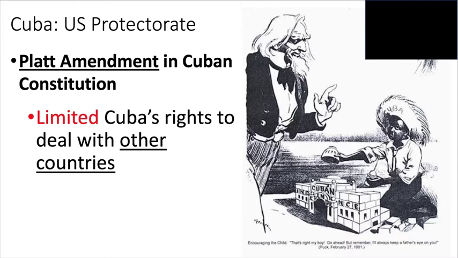Again, this is not treating Cuba as if it is an independent sovereign nation. This is treating Cuba like it's your child, like you have the right to order it around. This is not how an independent country should be treated. But that's what's happening with the Platt Amendment, that the United States has a right to decide or to help to control who Cuba deals with.